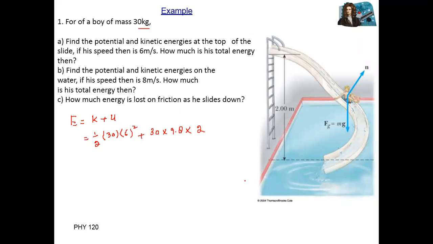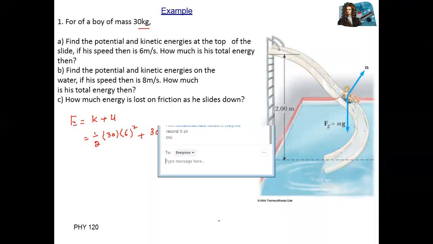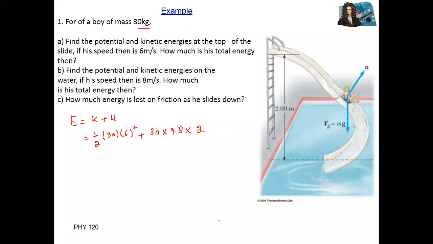So equal to what? Can anybody calculate this one? Now we calculate this one. First of all, 6 square, 36 multiplied by 30 divided by 2 equal to 540.